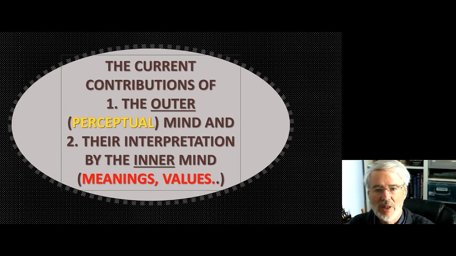And more specifically, it's a contribution of both the outer mind, which supplies the cognitive systems that we talked about at the beginning, the perceptual representations of the outside world, of what we think about as the outside world, and the way we interpret them using the cognitive systems in our inner mind, creating value and meaning and that sort of thing.